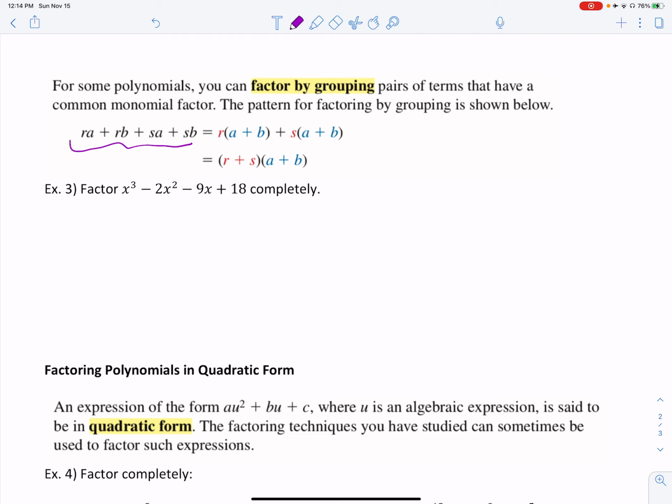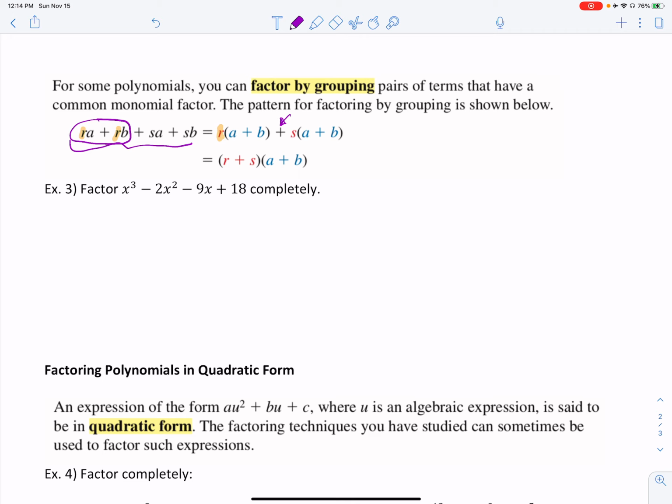And what you do is you look at these first 2 terms and you see that they both happen to have an r in it. So we're going to take that r out of those two terms. Make sure that you put the addition sign. Some people I've seen using this for factoring, and you're missing the addition. You'll lose points if you don't have that addition in there.